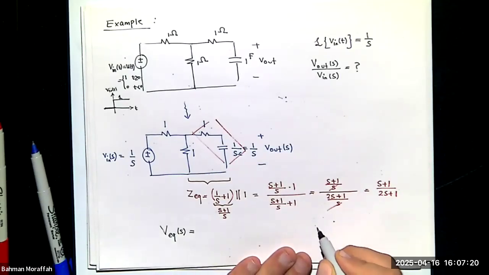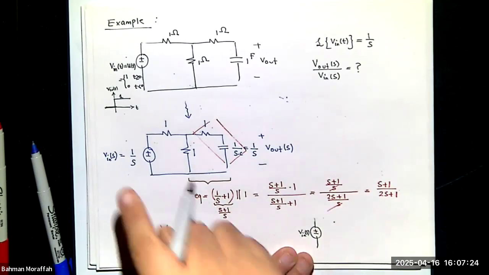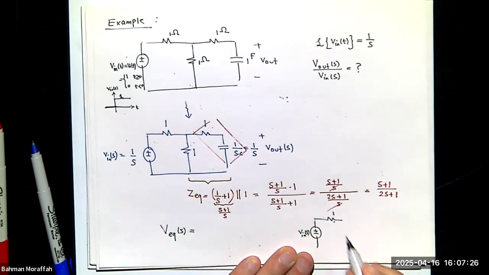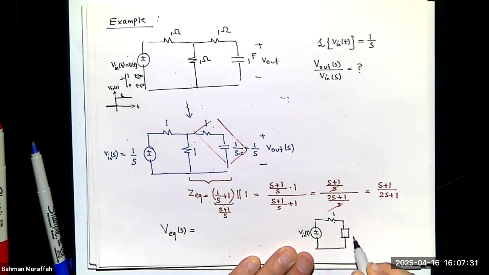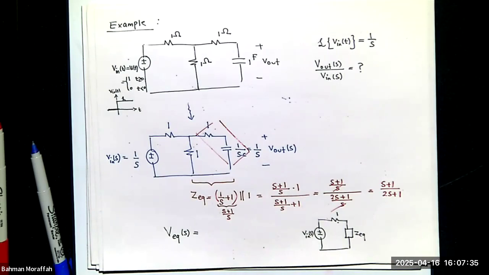Remember, my circuit is this. This is Vin of S, which is 1 over S. This is 1. This is this Z equivalent. What is the voltage across this? What type of circuit do I have? It's a voltage divider, right?